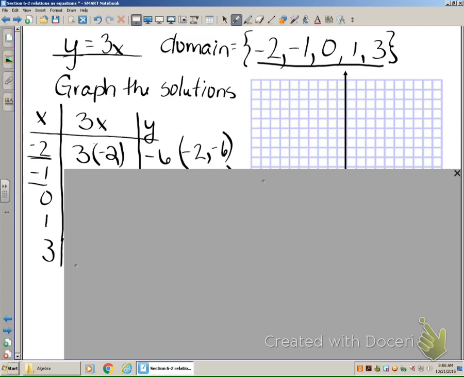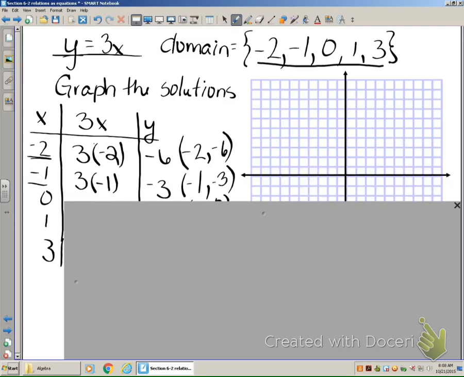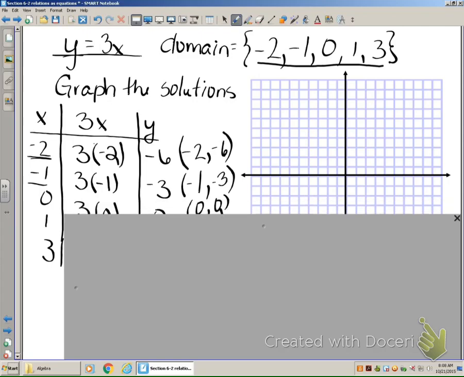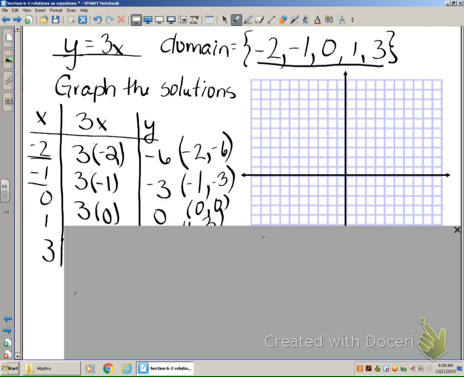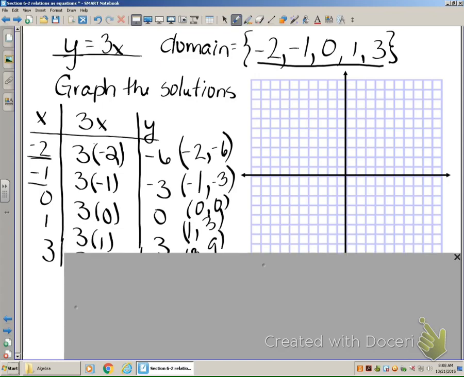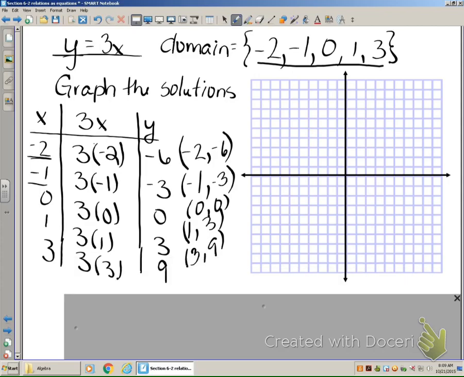If I plug in the -1, 3 times -1 would be -3. So I have the ordered pair (-1, -3). If I plug in a 0, 3 times 0 is 0. So I have the ordered pair that goes through the origin, (0, 0). 3 times 1 is 3. 3 times 3 is 9. So now I have this listing of ordered pairs that I can now graph.